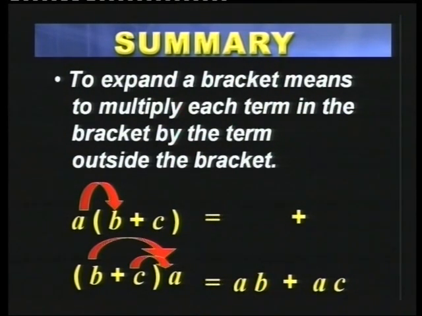A times B, you should have AB. A times C. Remember, we are adding, the addition sign is brought forward, and you should have your answer as AC, or the result when you're multiplying A and C, it should be AC.